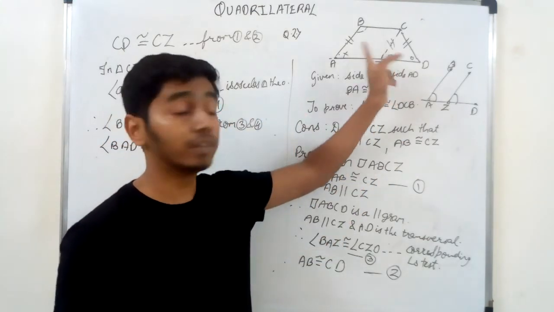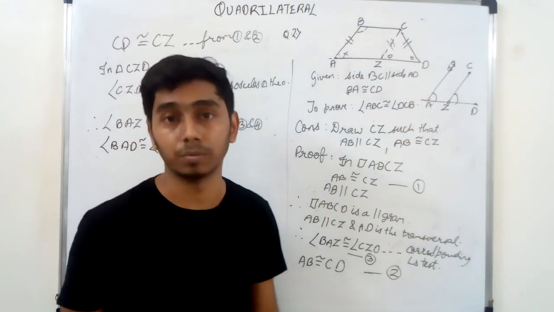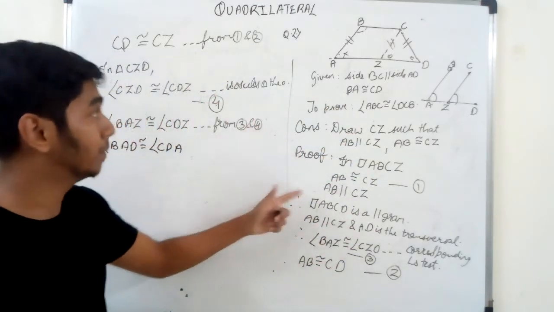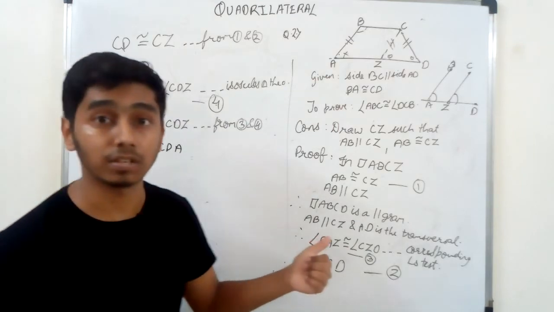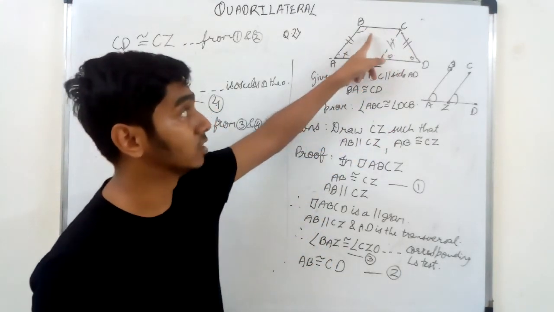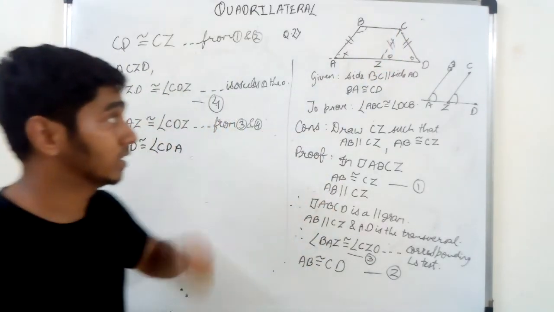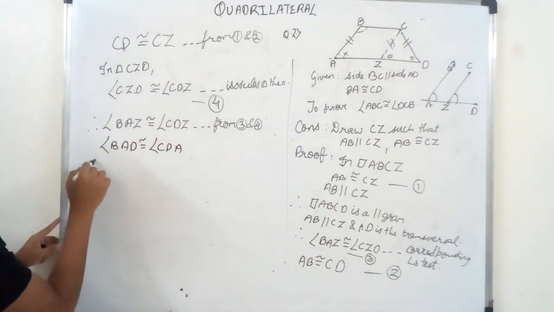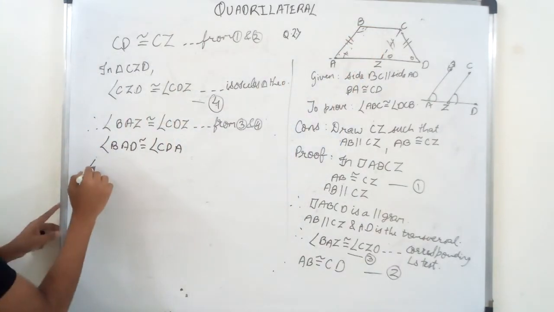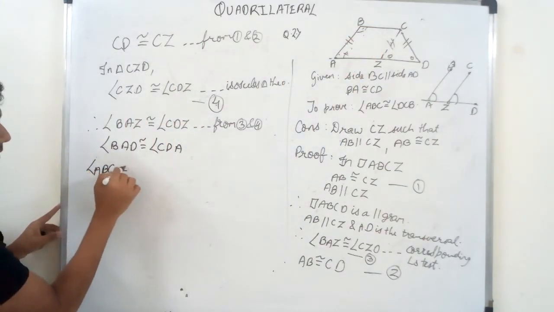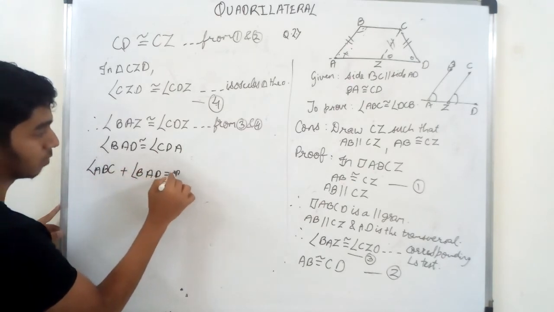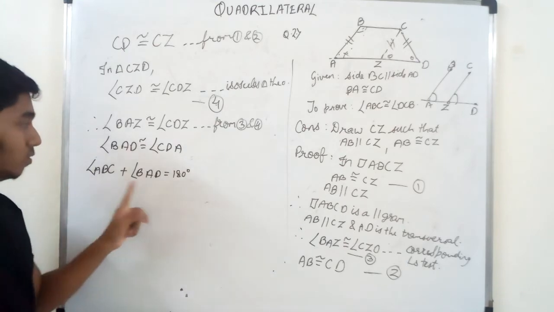So we have proved that the base angles are congruent. There is a separate question on this, so this can be asked as a separate question also, but here the question is this angle should be congruent to this angle. So let's see how we do it. Now for these two angles we can say angle ABC plus angle BAD is equal to 180 degrees. Yes or no?